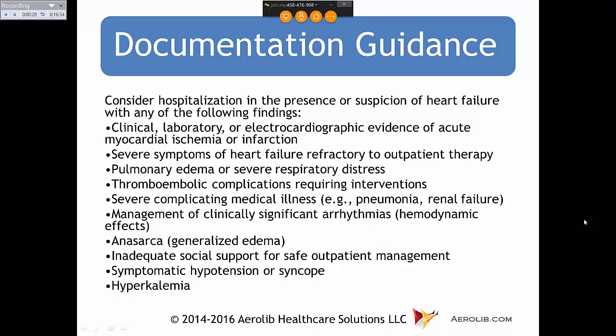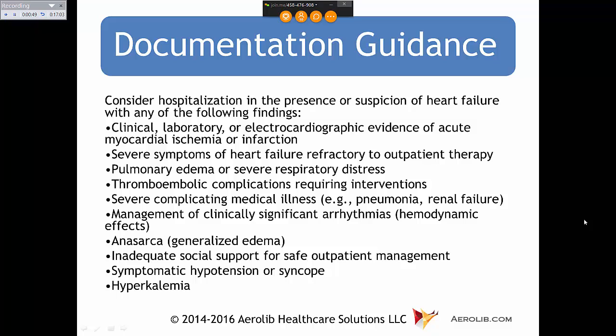If that is indeed the case, a documentation in the HPI needs to show that we've been trying to manage the fluid status on patient X with increasing doses of diuretics and potassium replacements over the last 5 days as an outpatient. However, there is worsening pedal edema, there is JVD on examination today, and I can hear crackles and rales. So it does show that you made a good faith attempt to manage this patient as an outpatient.